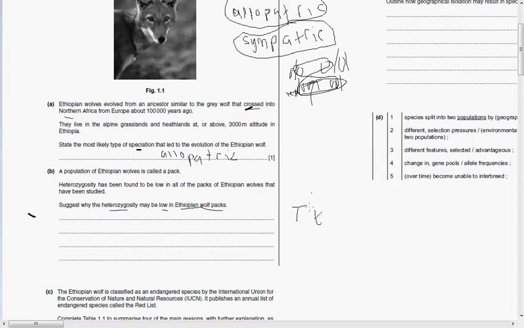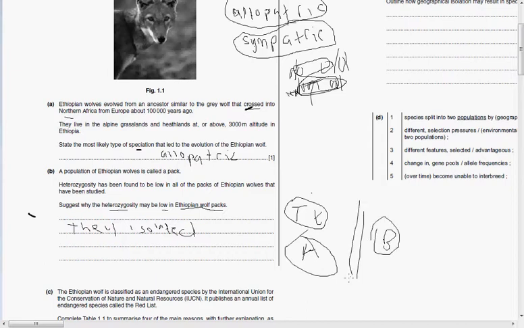So they are not heterozygous, because they are geographically isolated. It's simple, because they are isolated, right? If, for example, these Ethiopian wolf packs have the A character, and the B character is somewhere else, so there is a wall here, and there is another A character.